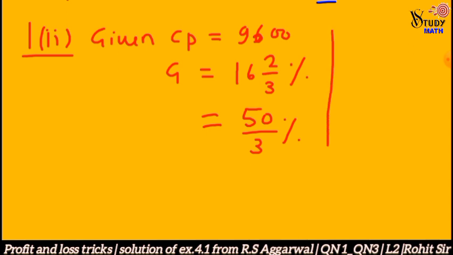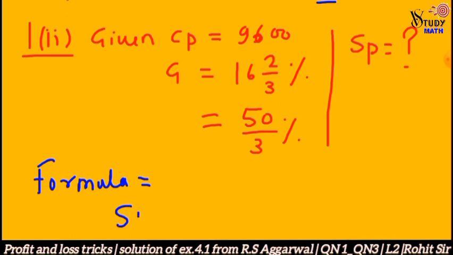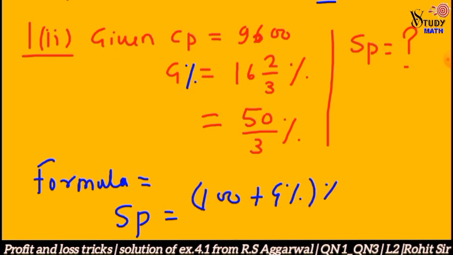Now we have to find here SP. So the formula is SP is equal to 100 plus gain percent, small bracket close, multiply CP upon 100.